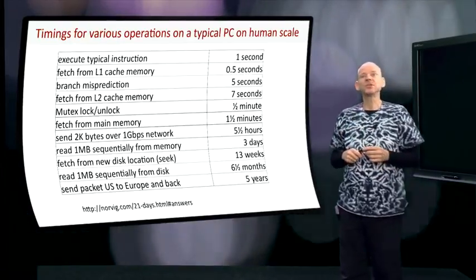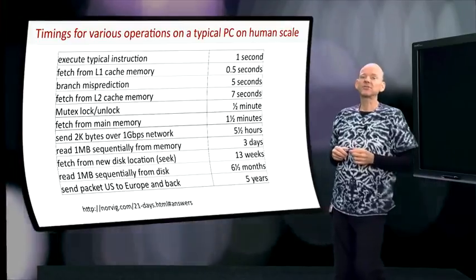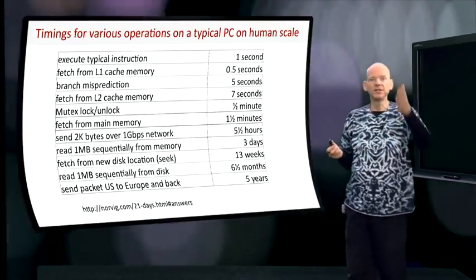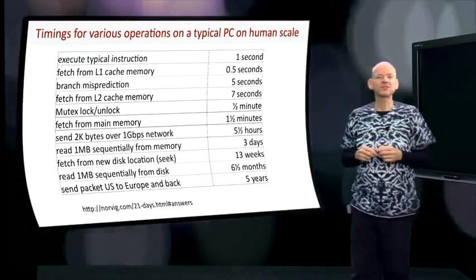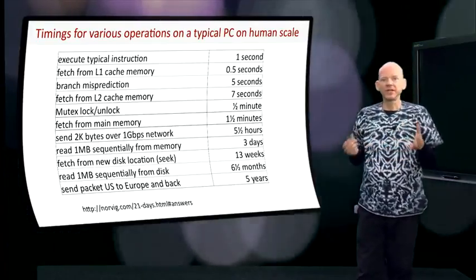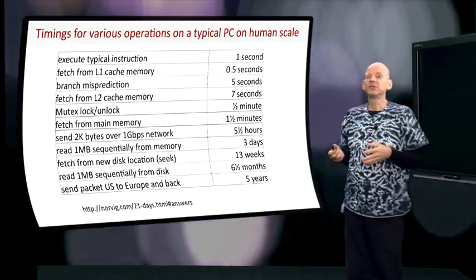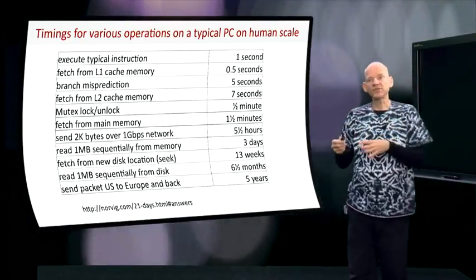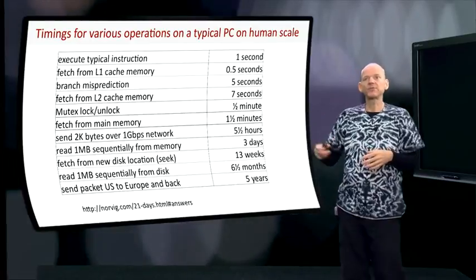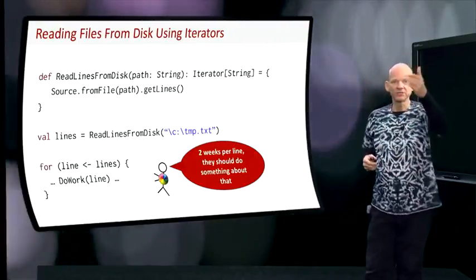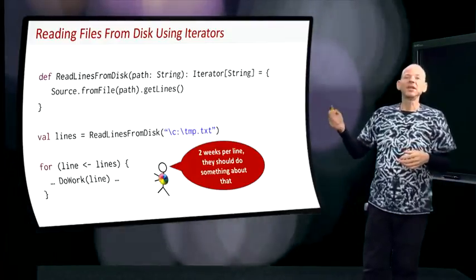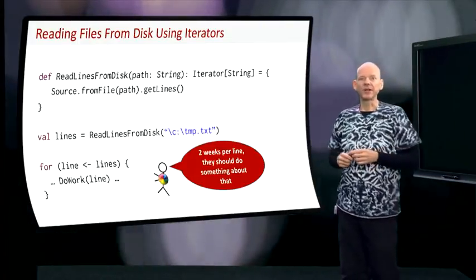Now let me remind you of the typical execution times of a PC on a human scale. Remember, sending packets took a long time. Reading from memory took a long time. And what we're going to do now is use iterables to read stuff from disk. So here's the example. Read lines from disk takes a path, and returns an iterator of string.